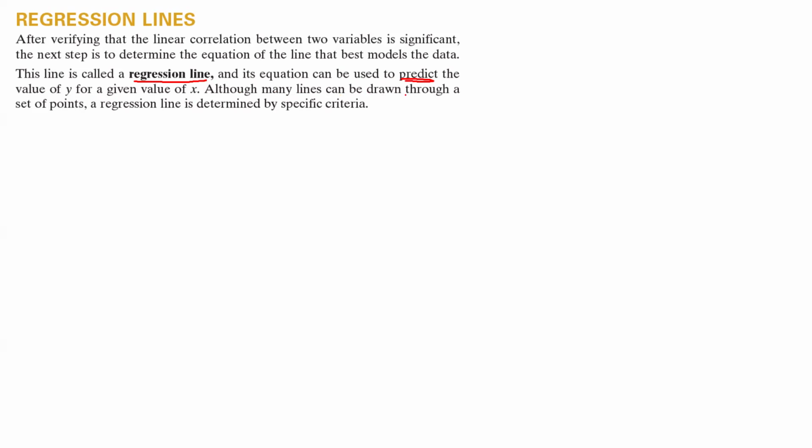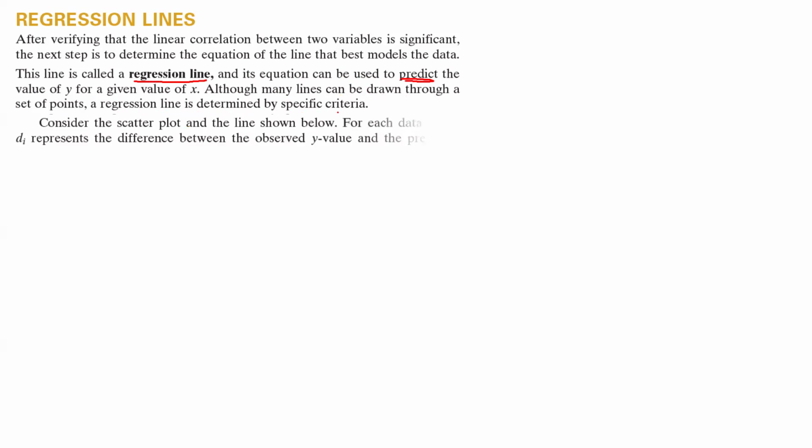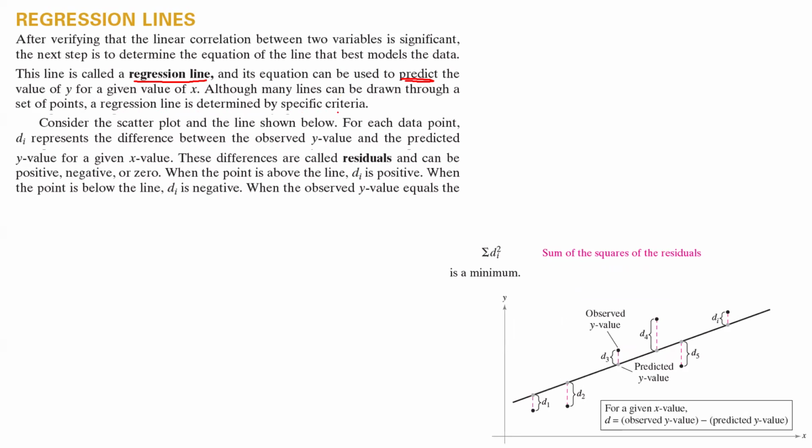Although many lines can be drawn through a set of points, a regression line is determined by specific criteria. Consider the scatter plot and the line shown below. For each data point, d sub i represents the difference between the observed y value and the predicted y value. The observed y value is the actual y value.